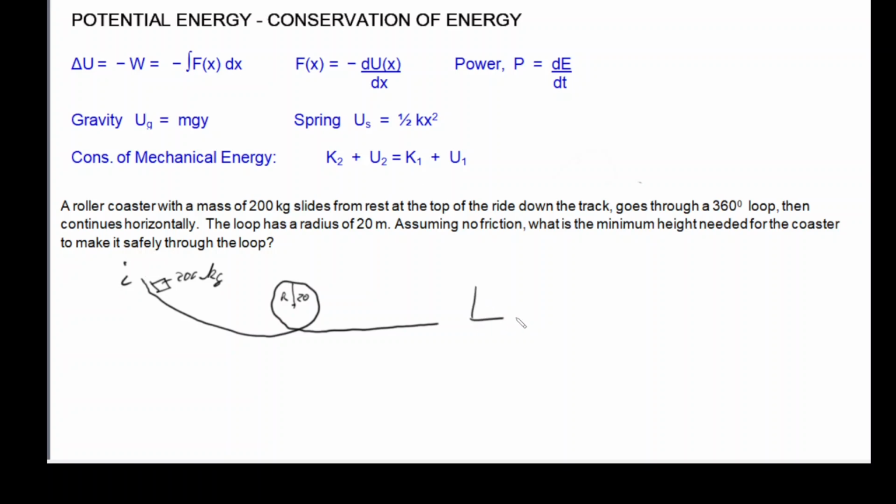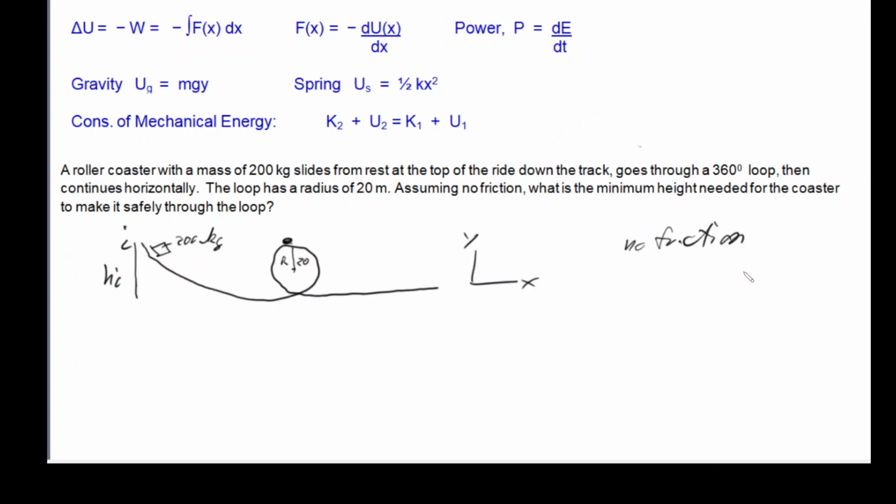And our axes, x0 will be at the bottom of the loop. And we'll call this height hi, the initial height. And we want to know what's going on at the top of the loop. And we're assuming no friction.